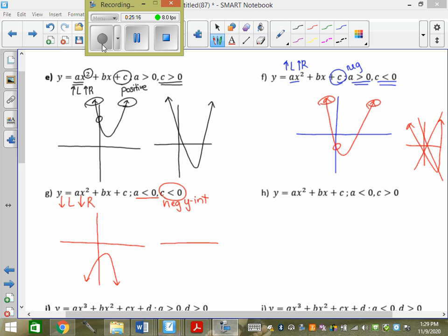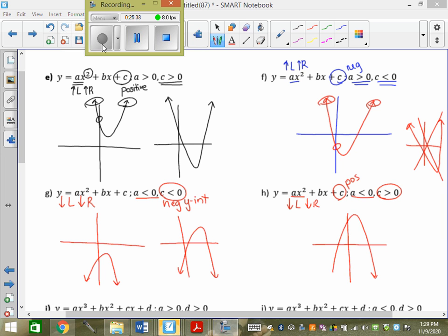So sorry. You could have gone like that. That's better. And then for H, A has to be less than 0, so I have to be down on right, down on left. And C has to be positive. Something like that. Okay?